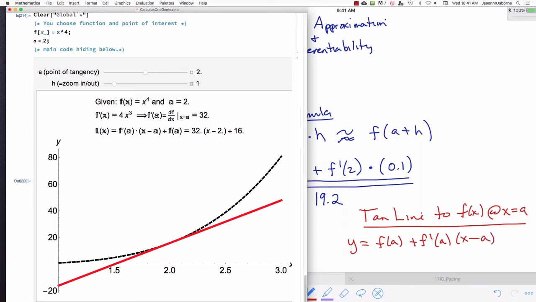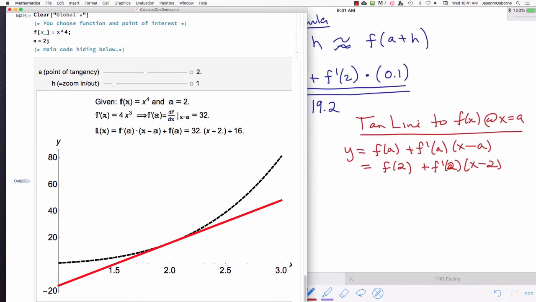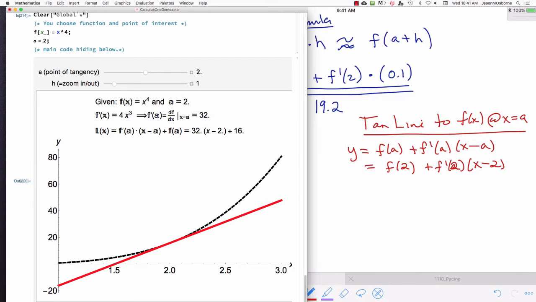So we're putting in context the approximation that we just came up with, times x minus 2. And according to the sheet, the tangent line comes out to be y equals 16 plus 32 times x minus 2.